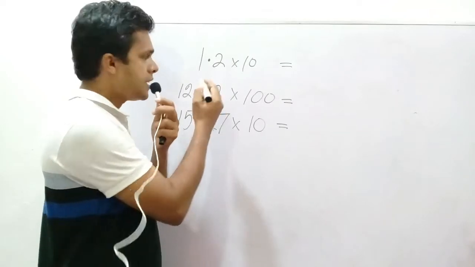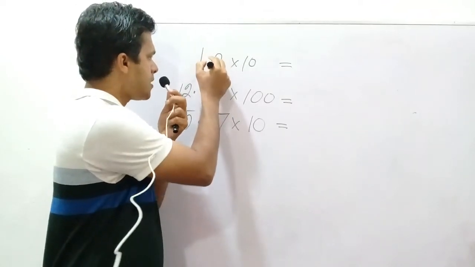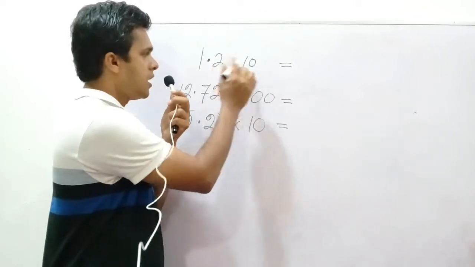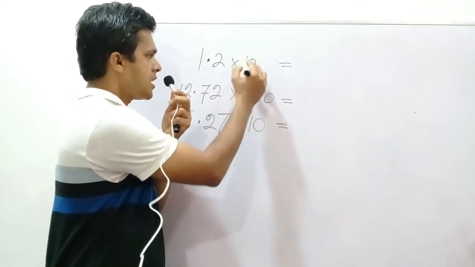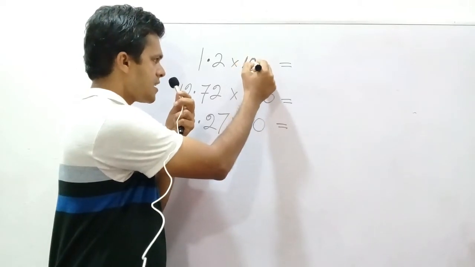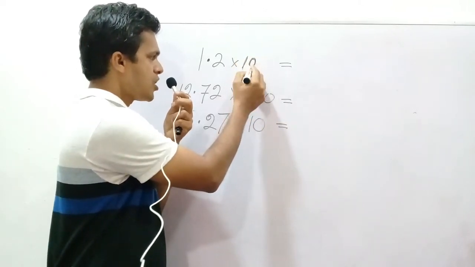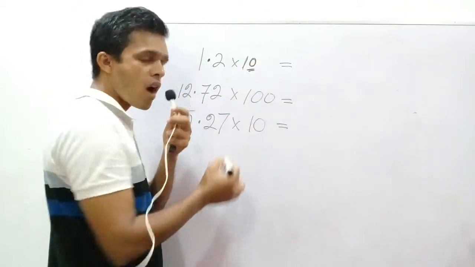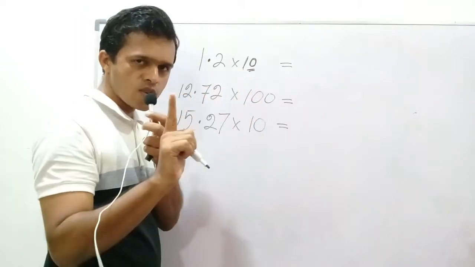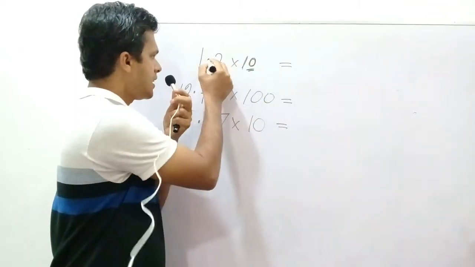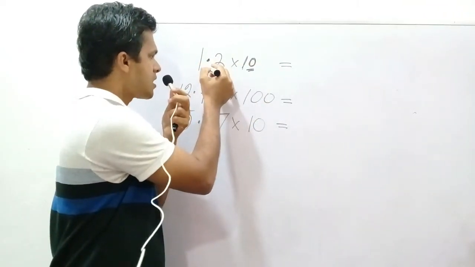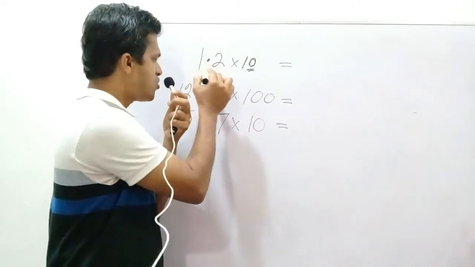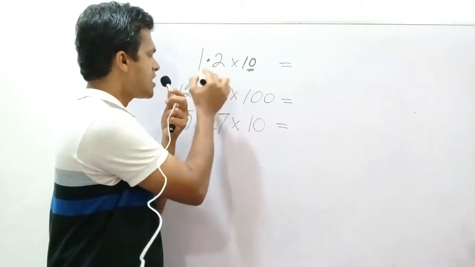here. It can be seen the decimal point is between 1 and 2. Here you could see 10 is having 1 0. This decimal point could be seen between the digits 1 and 2.